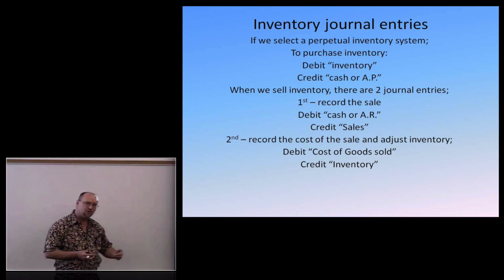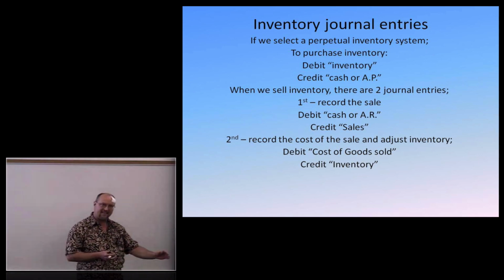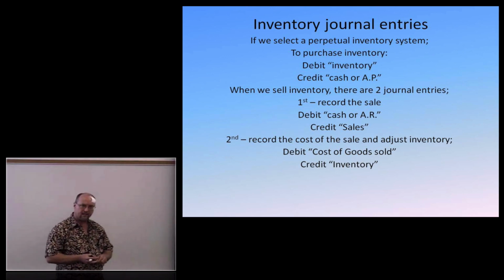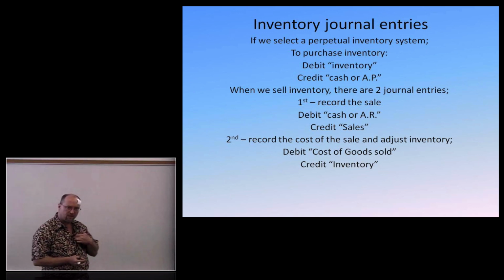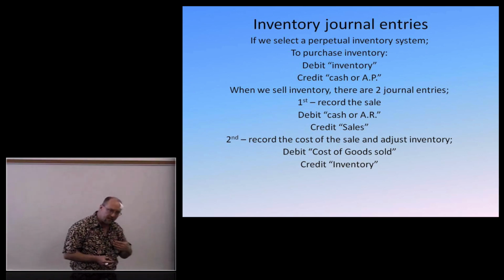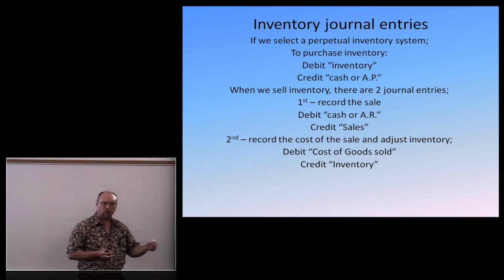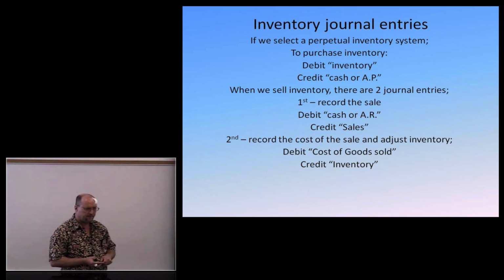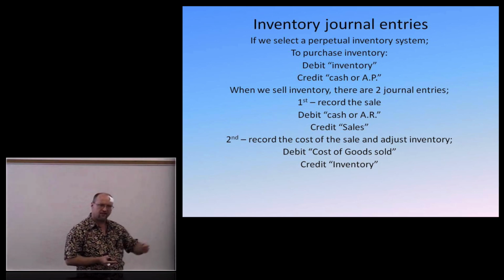And then we have to reduce inventory. We credit the inventory account because we no longer have that inventory. And since we recorded inventory on the balance sheet at our cost, when we sell it, we credit inventory at our cost. So using my previous example, I bought a textbook for $50 and I sold it to my customer for $70.